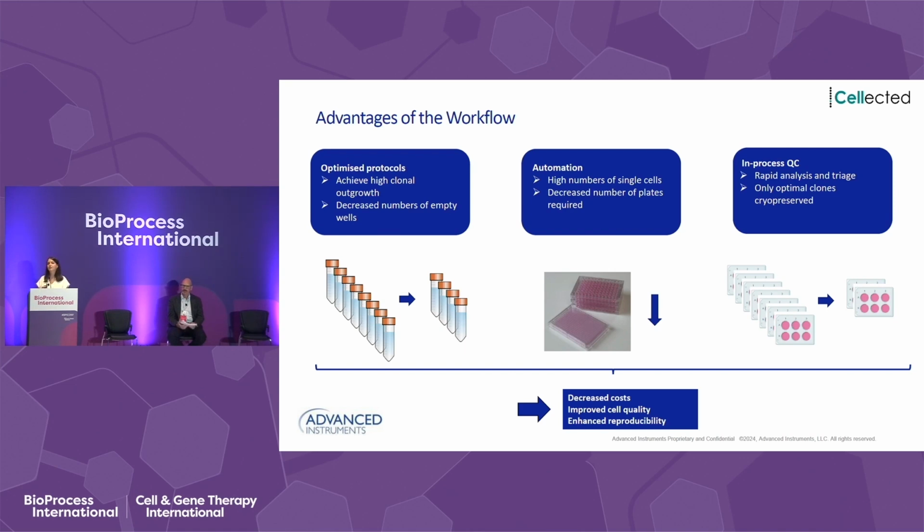This means that they have a decreased number of required plates, definitely in the early stages, and this evidently means you have fewer consumables and less laboratory time. The addition of automation meant they could have a higher number of single cells, and again, this led to a fewer number of plates required and a reduced time spent in the laboratory.